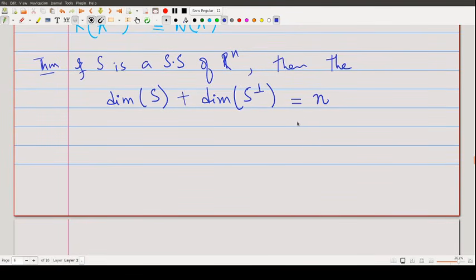And this might look a little familiar if you remember the rank nullity theorem that we did in the previous lecture, which is closely related to this. We'll actually use the rank nullity theorem to prove this statement.